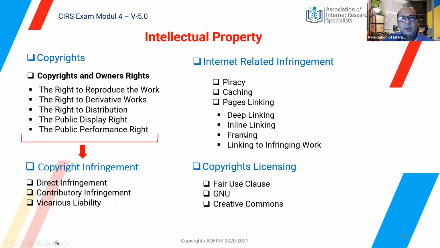All of these are part of the copyright infringements, and we will discuss this. Then there are some public licenses which have a certain level of restriction, but are given for public use. The kinds of public licensing include the fair use clause, Creative Commons and GNU.